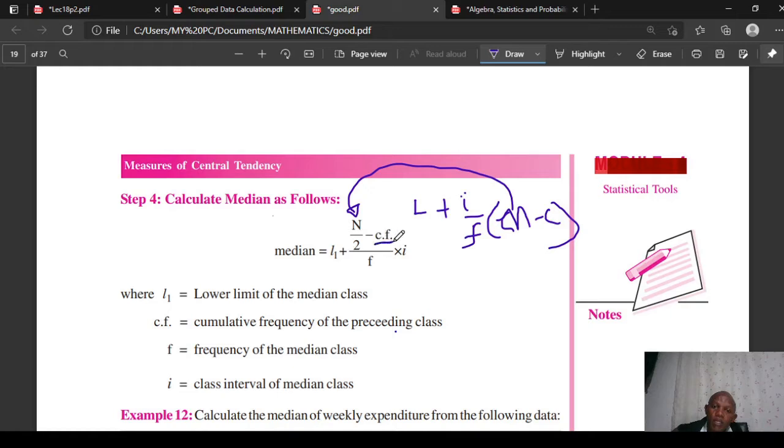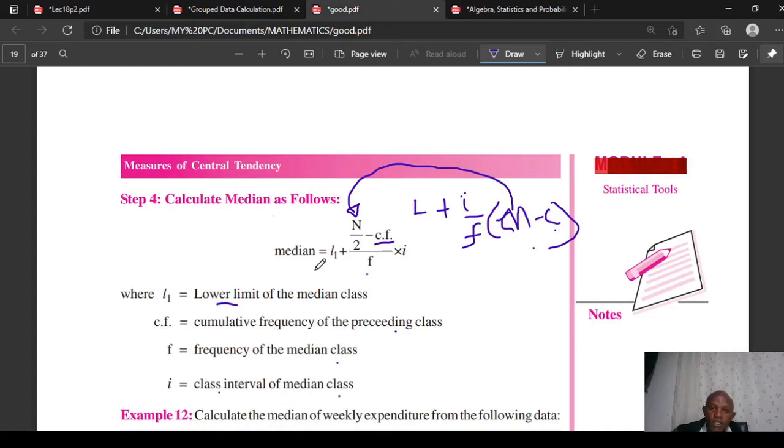So this is minus CF, the cumulative frequency preceding the median class. XI is basically the class interval of the median class, and F is the frequency of the median class.